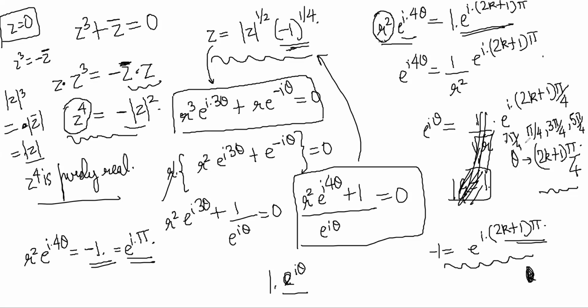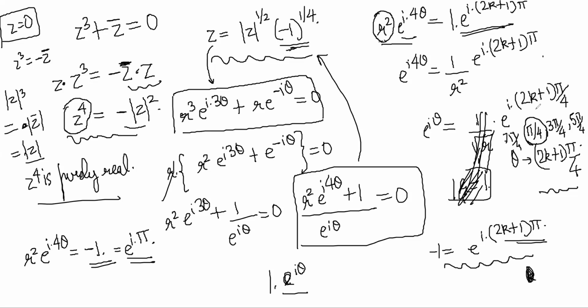And if you do 4, you get 9 pi by 4, but 9 pi by 4 becomes the same as pi by 4. After that, it keeps repeating, like after every 2 pi.